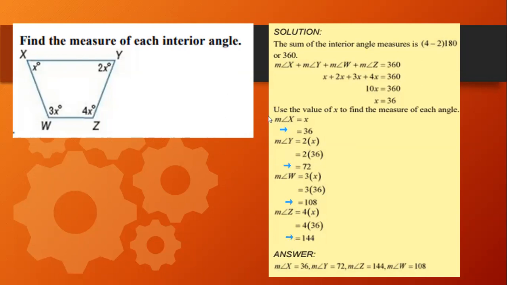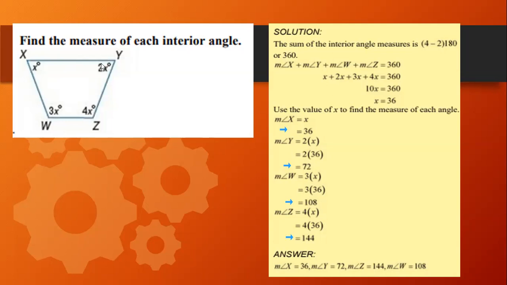So take a minute and add it up and tell me if you get 360 degrees. Okay, I trust that you did get 360 degrees, which is consistent with the sum of the interior angles.